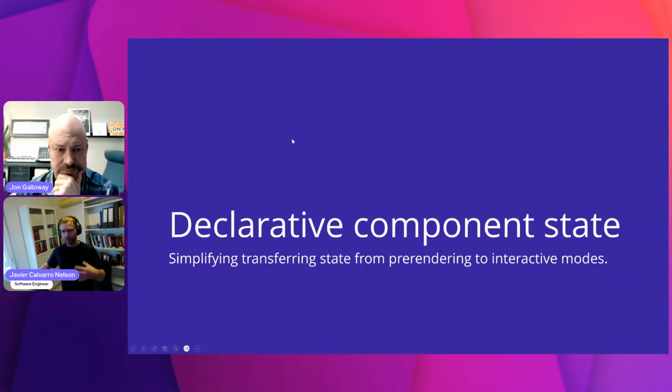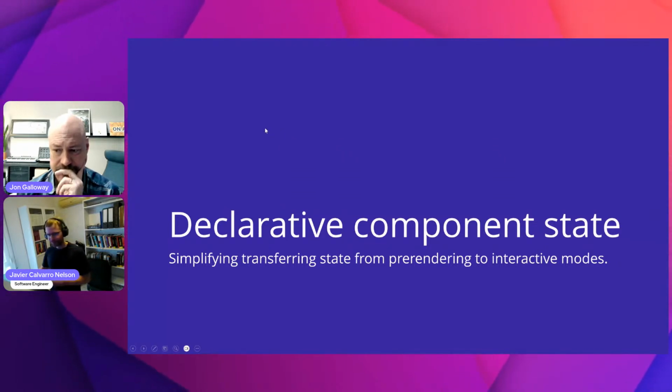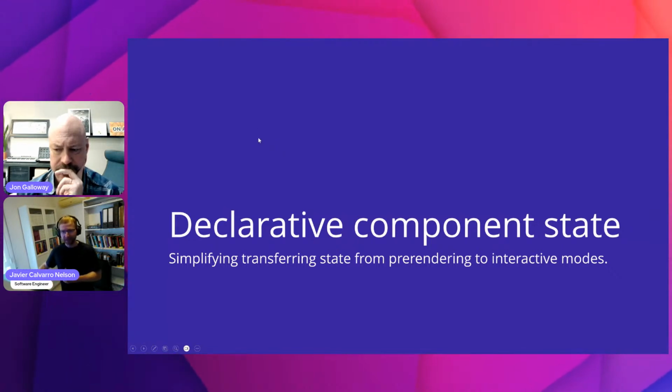So one of the things we want to do as part of .NET 10 is smooth out those rough edges on existing features, and make them simpler to use and more intuitive. Declarative component state is an initial step in one of these journeys we have in .NET 10, which is doing improvements on the server story.